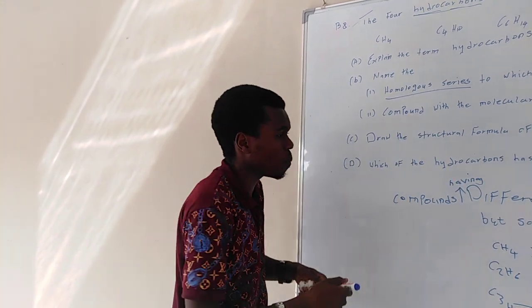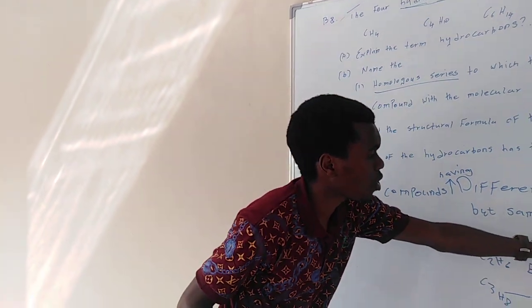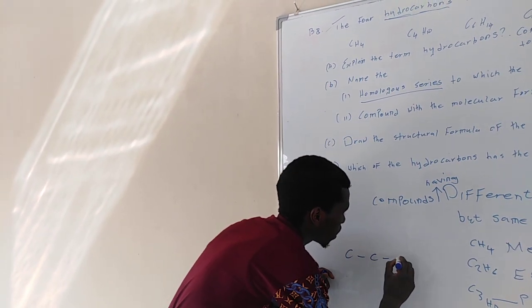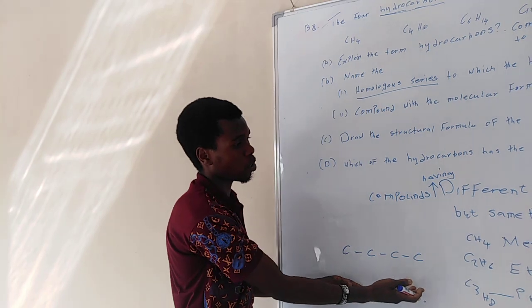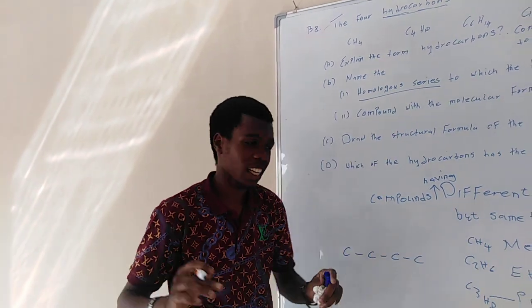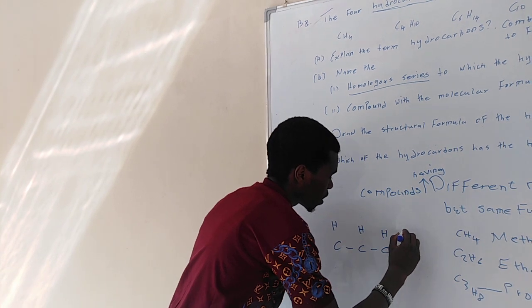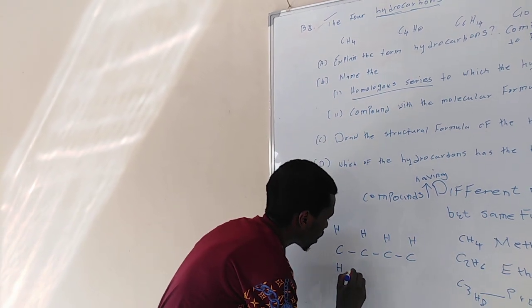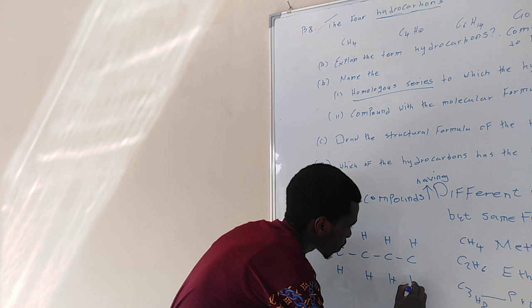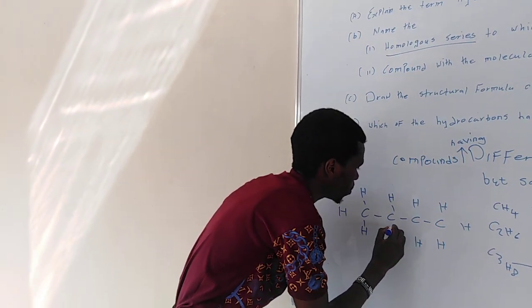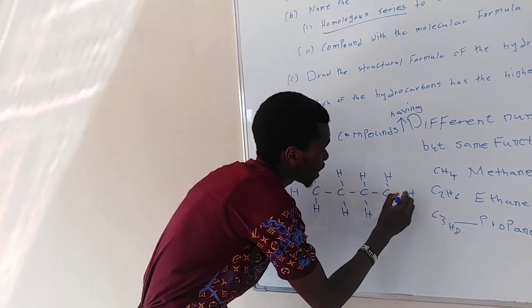We have 4 carbons, carbon, carbon, carbon, carbon, and 10 hydrogens attached, connected with single bonds.